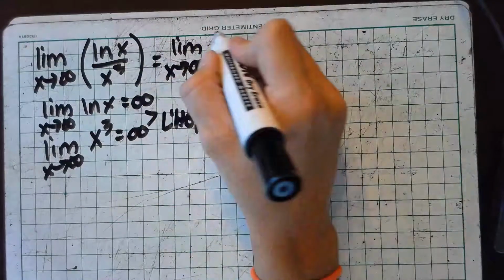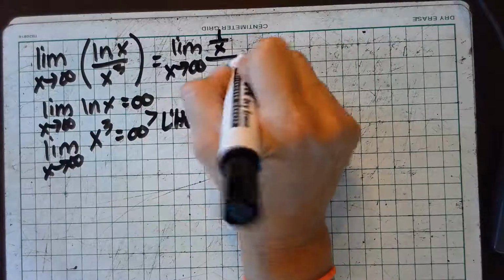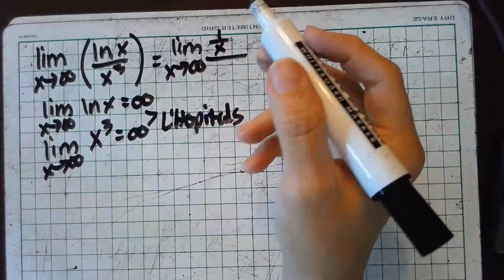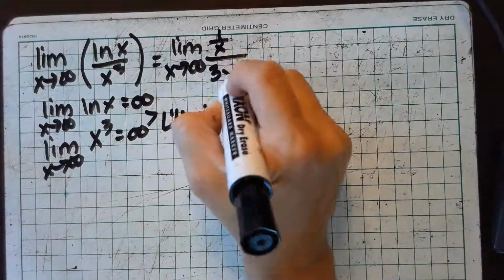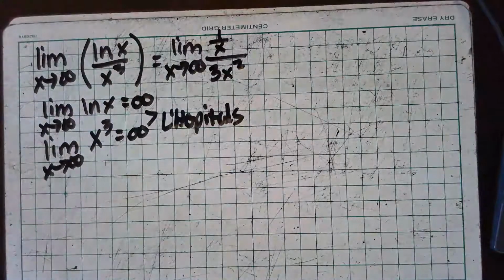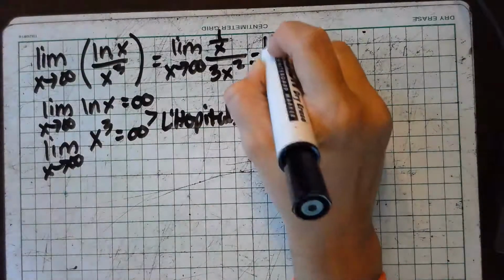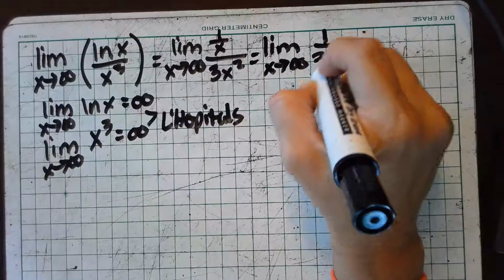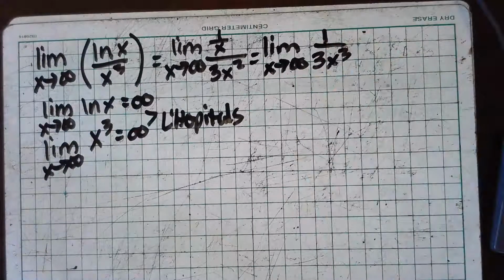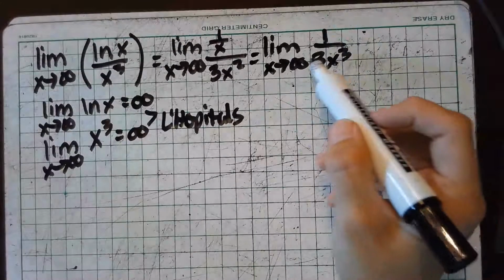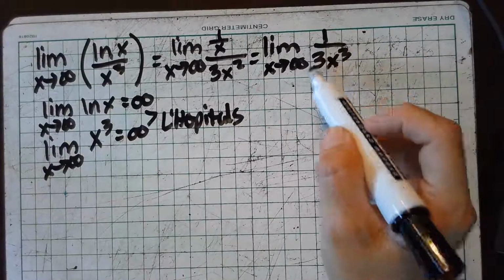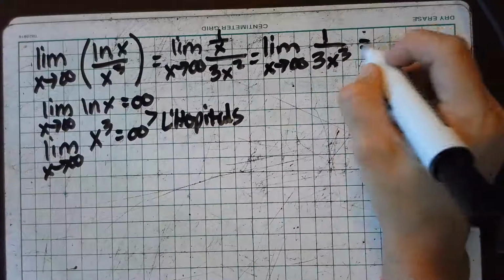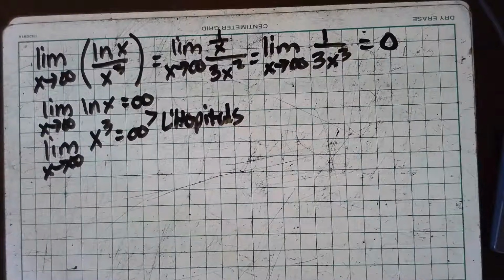Again, it's not the quotient rule. 1 over x over 3x squared. When I reduce this, it's 1 over 3x cubed. Now as x goes to infinity, think about it, the denominator gets really, really big. So therefore this goes to 0. The problem was this ln of x right here.